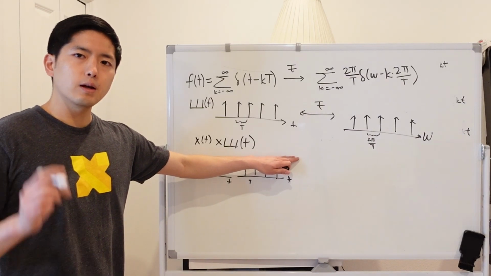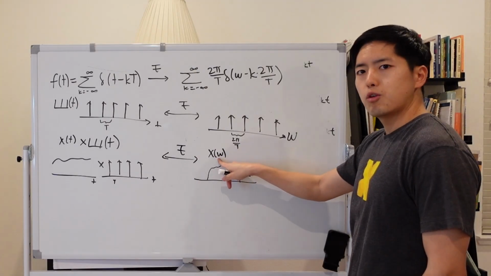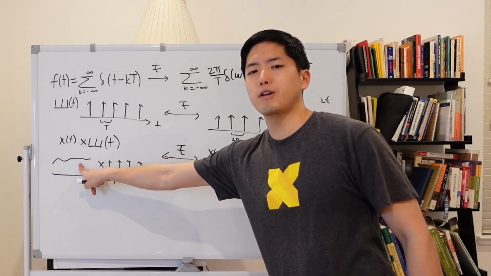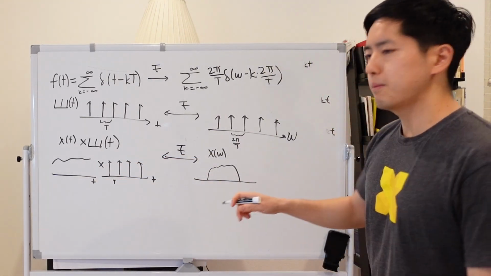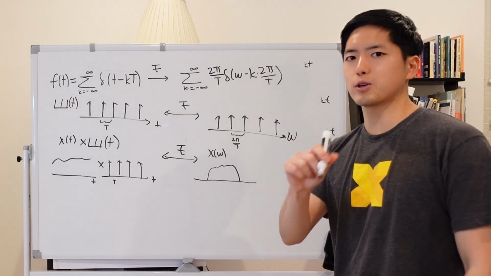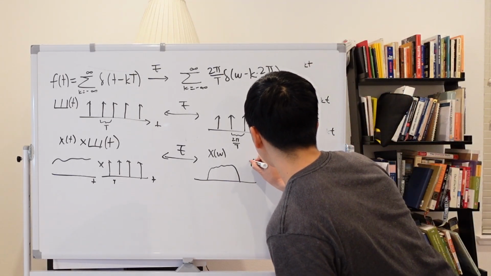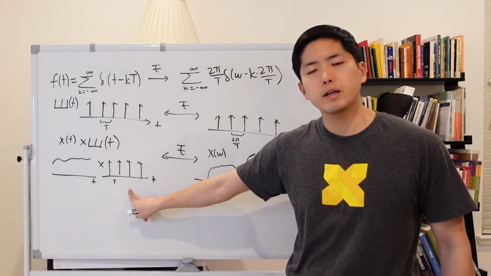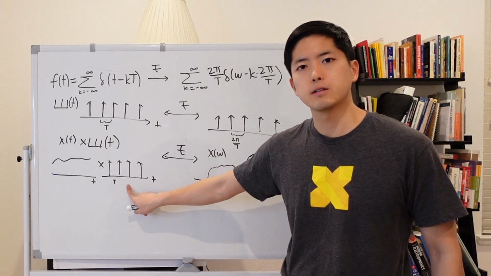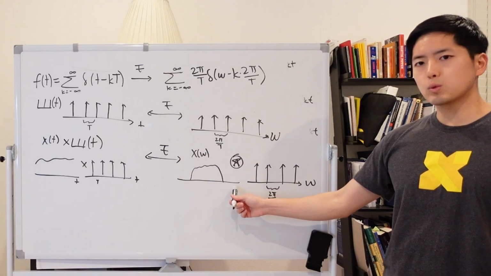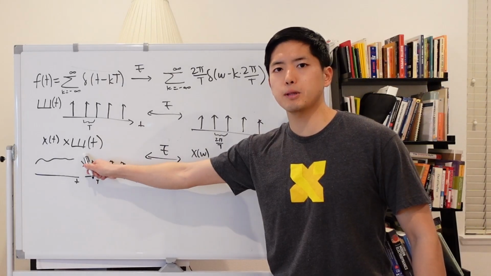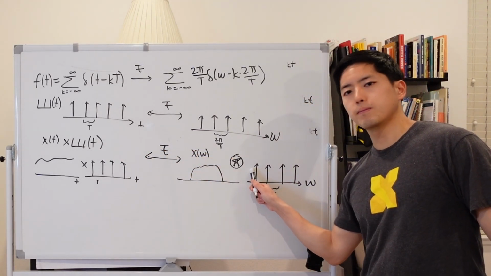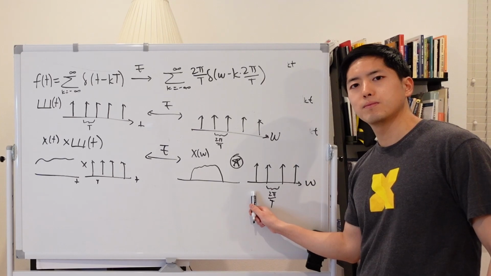In the frequency domain, it would look like this. This is x of omega, but this is not literal. This is just a representation of what my Fourier transform of x of t is. And I'm convolving it, that's the correct term, convolving it with the Fourier transform of this impulse train. So this is what's happening in the frequency domain. A sampling operation results in a convolution in the frequency domain.